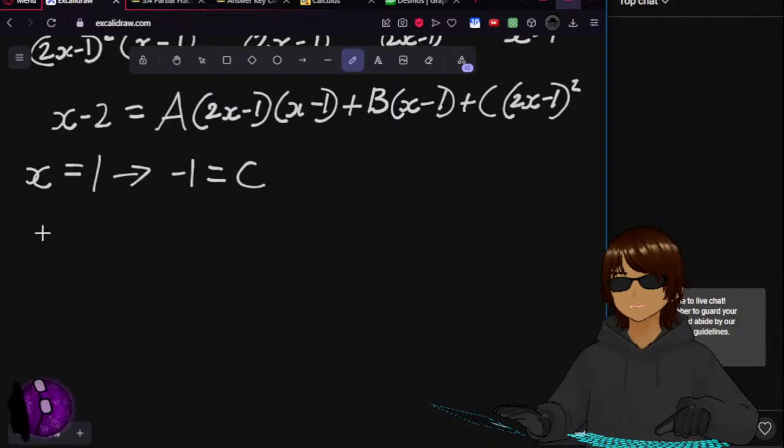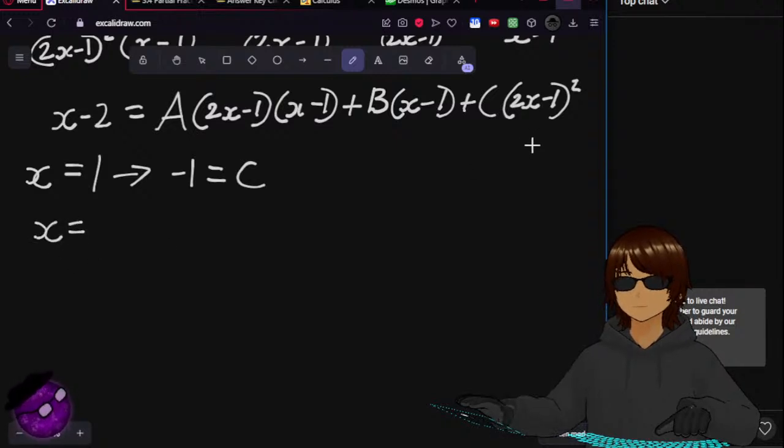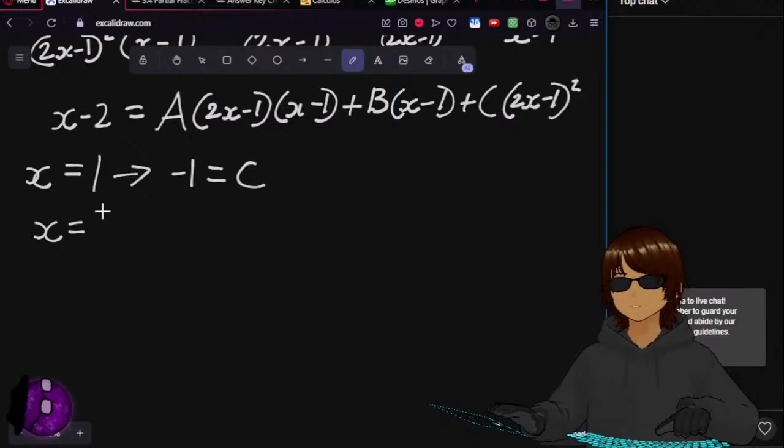So c is equal to negative 1. Now let's say x is equal to half.